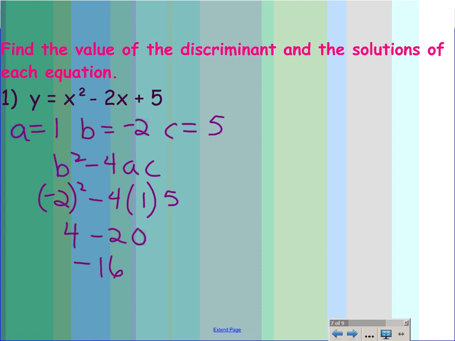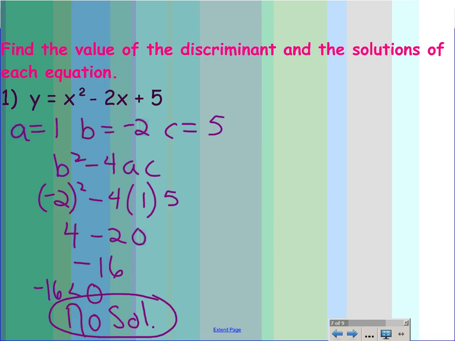Our comparison is always against 0. Negative 16 is less than 0, so we have no solution. That tells us that the graph would not cross the x-axis. It would be above the x-axis, not touching it.